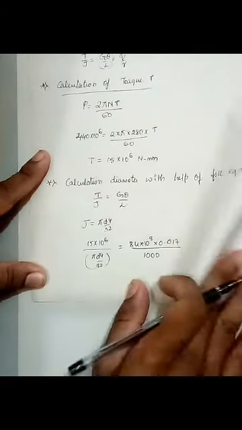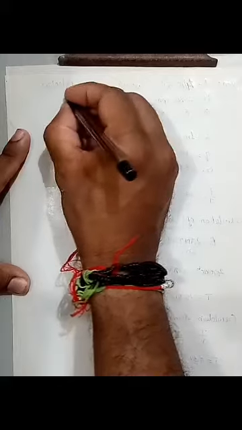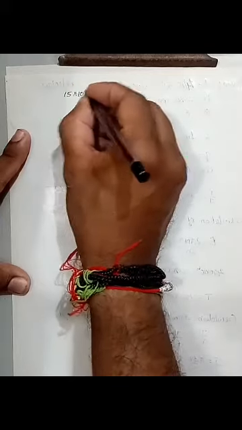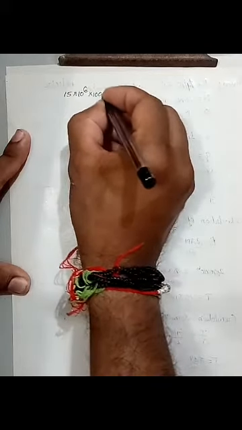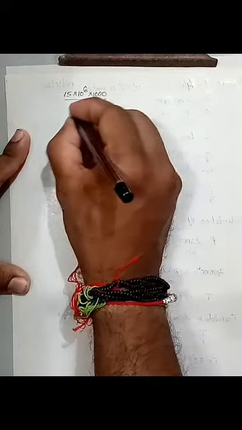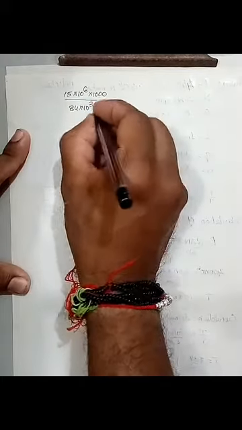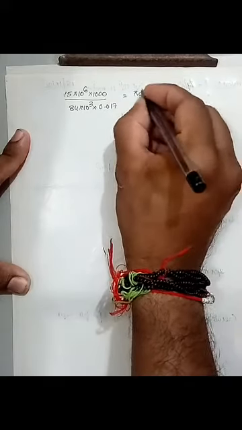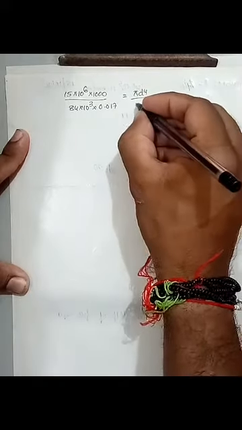Therefore I get the equation as 15 into 10 to the power of 6 into 1000 divided by 84 into 10 to the power of 3 into 0.017 equals pi d raised to 4 by 32.